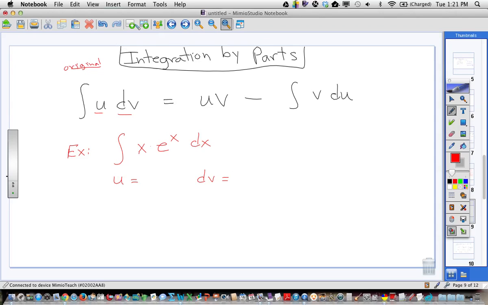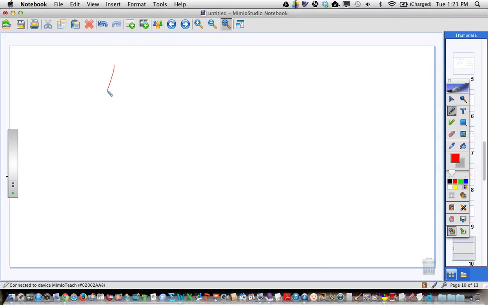That's the real key reason. Okay? So here is what we're going to write. It's Italian. LIATE. No, it's not Italian. That's just how I pronounce it. LIATE.